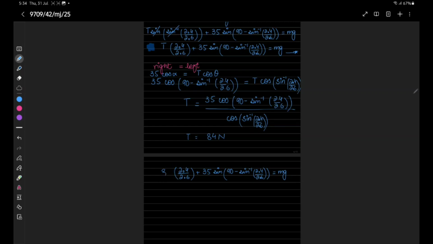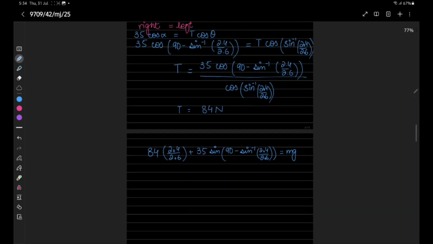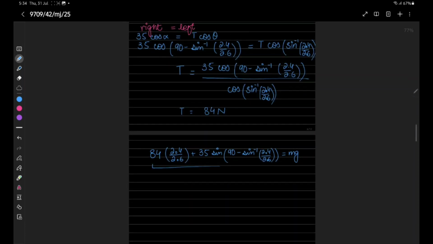And so solve this whole and divide it by 10 as g is equals to 10. So you can also solve this directly, and the answer that you're going to get for this would be 91.